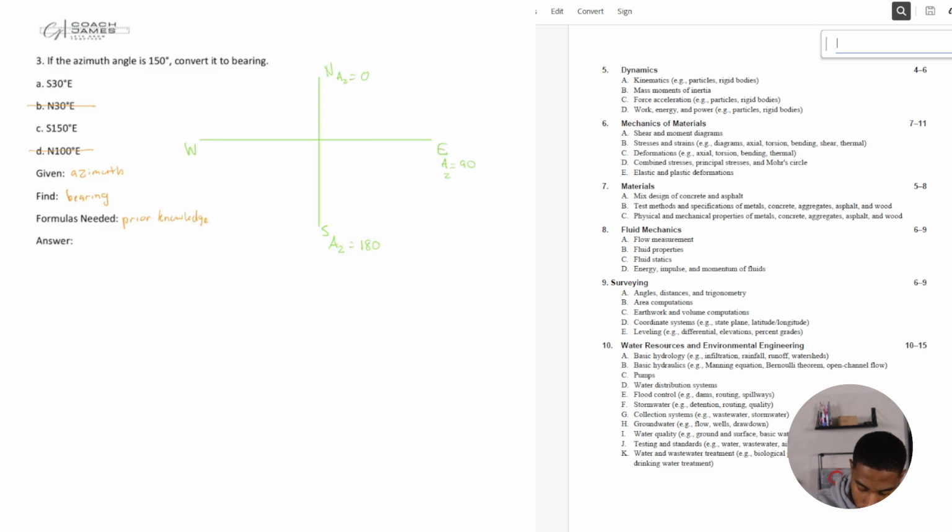So I draw a line here. Azimuth is equal to 150 degrees.